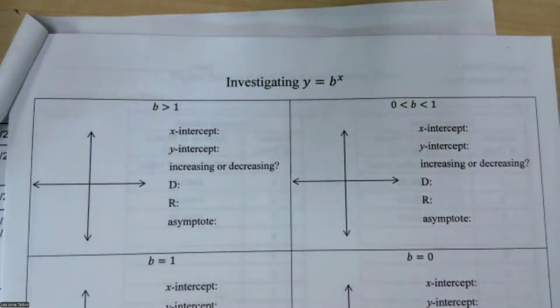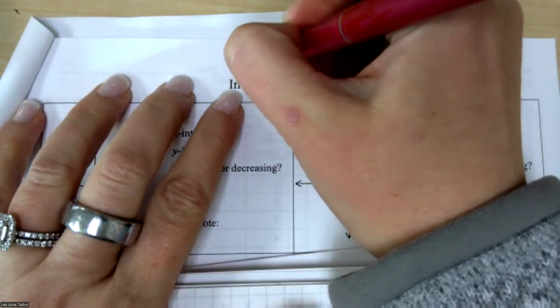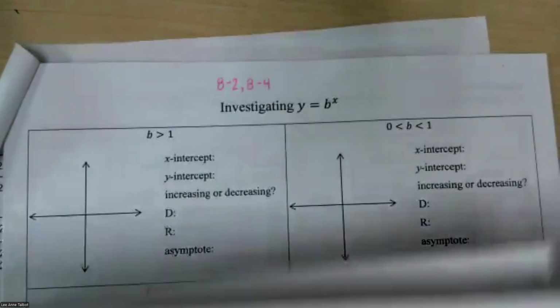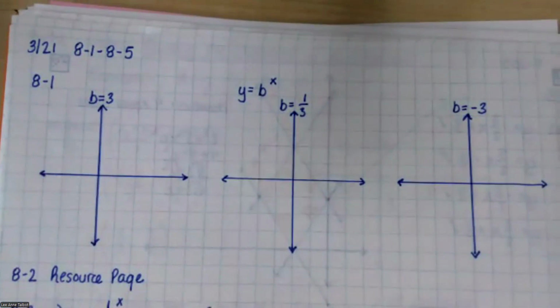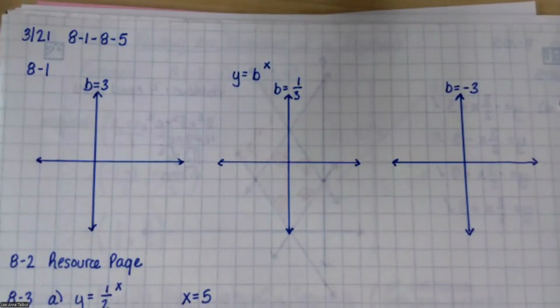It's 8-2 and 8-4. Excellent question. All right, you guys, start by setting up these graphs, please, and thank you.